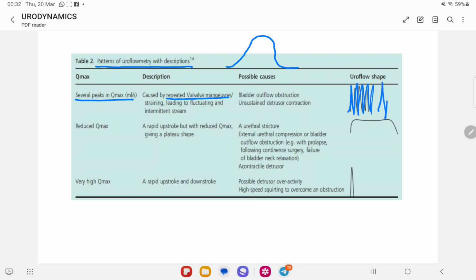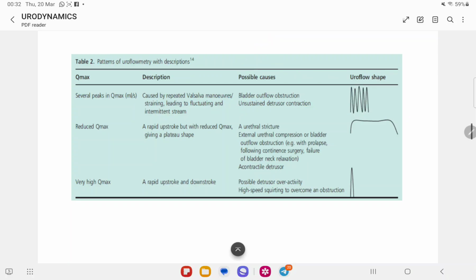That is why we see this kind of graph. It means there is some bladder outflow obstruction which the Valsalva and straining is trying to overcome, or sometimes there are unsustained detrusor contractions. In these cases, the graph would be like this.